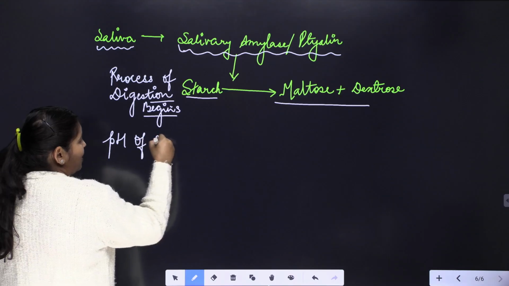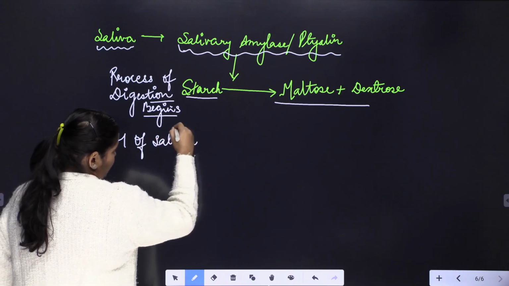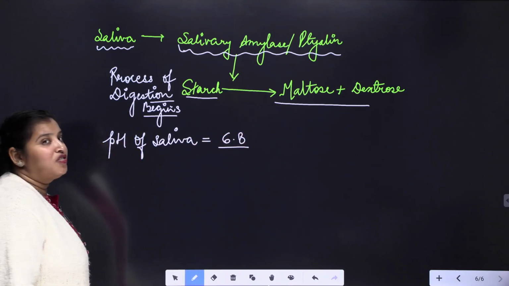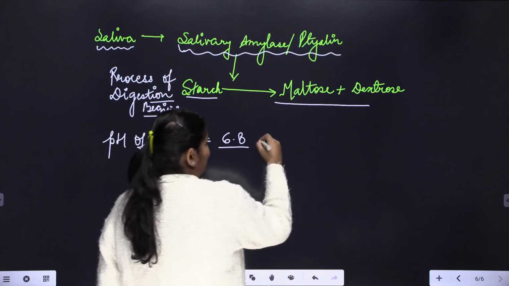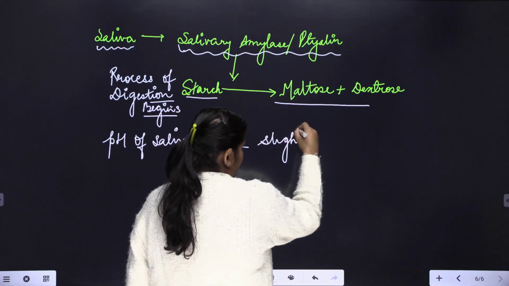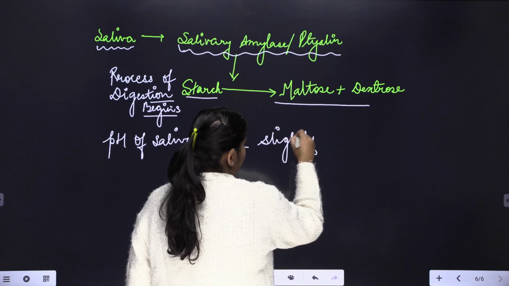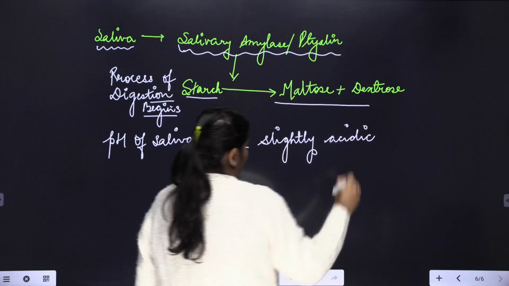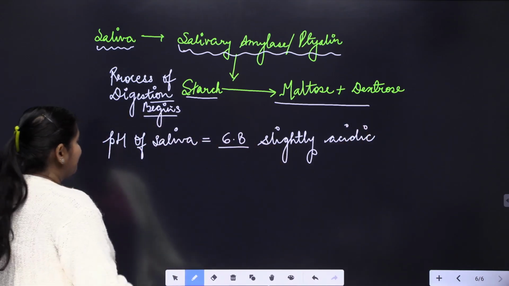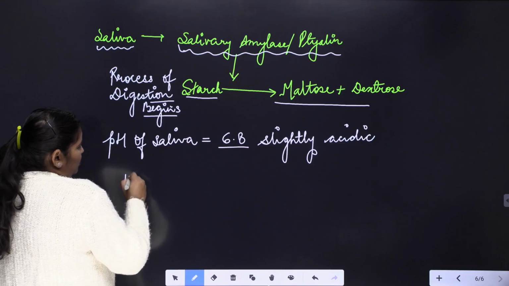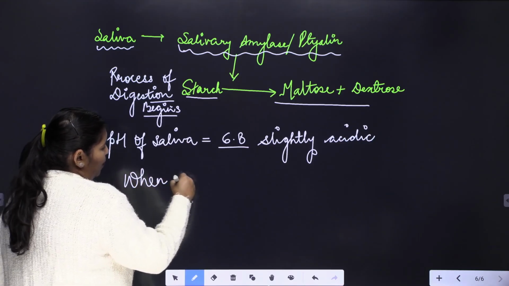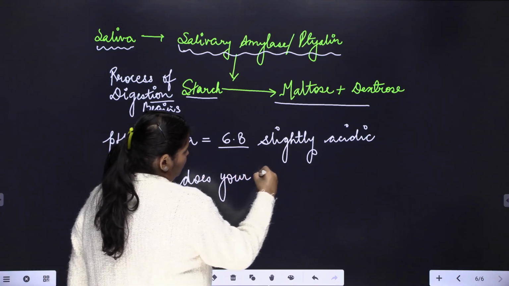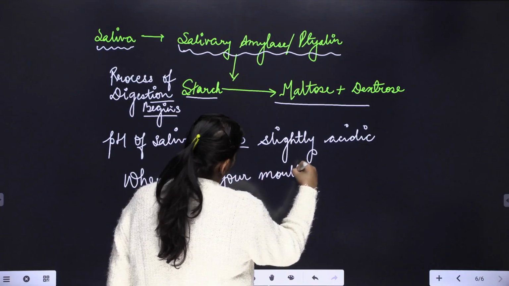The pH of saliva is approximately 6.8, which is slightly acidic. All right. So, when does your mouth water? Tell me. When does your mouth water?